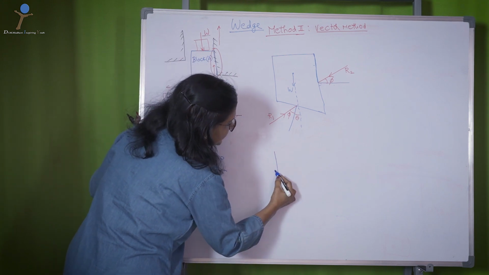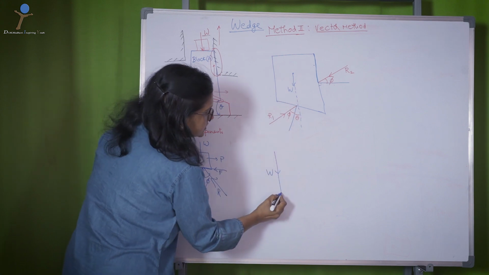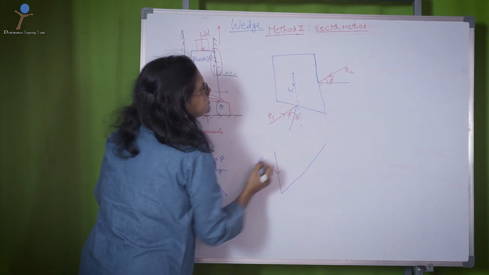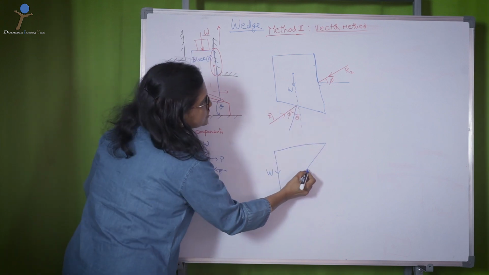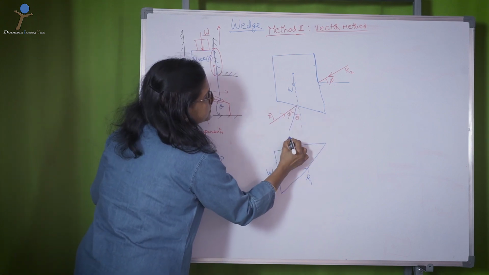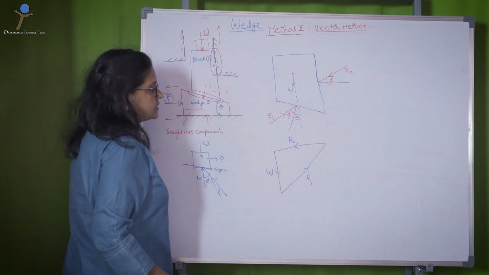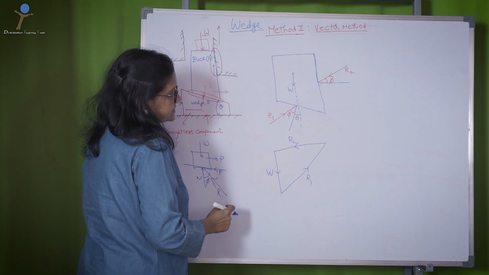W acting in the downward direction, your R1 in upward direction, and then R2 in this direction. So this is R1, this is R2, right?